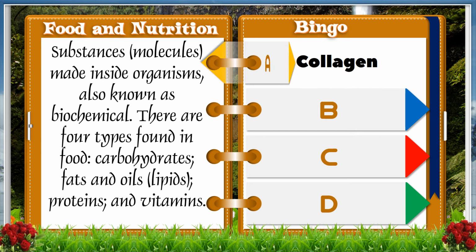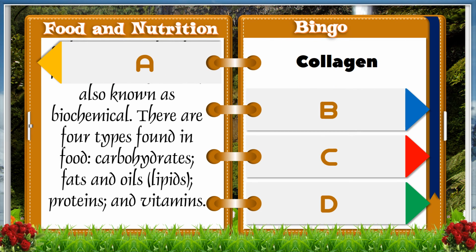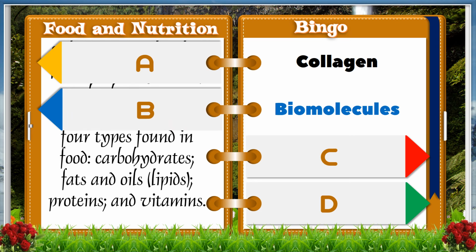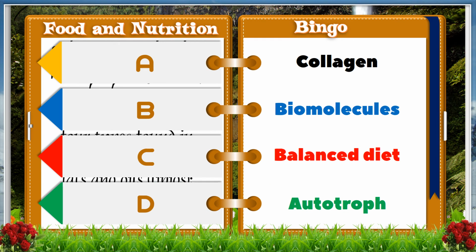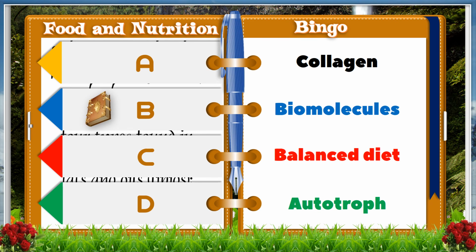Option A, collagen. Option B, biomolecules. Option C, balanced diet. And option D, autotrophs. And the answer is B, biomolecules.